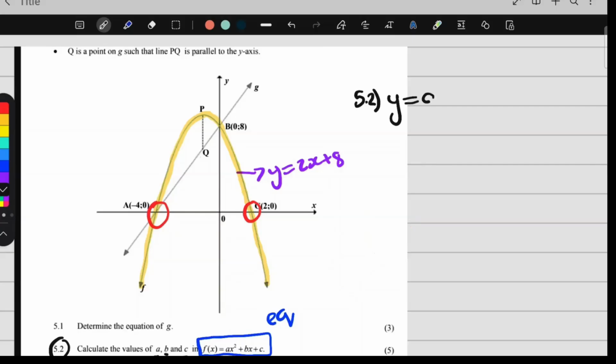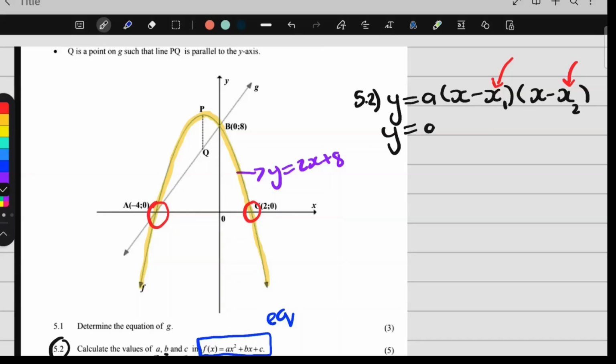So with option number 2, remember we write this down. y is equal to a, open bracket, x minus the first x-intercept times x minus the second x-intercept. So this is the first x-intercept. That's the second one. And we must remember we're changing the signs.